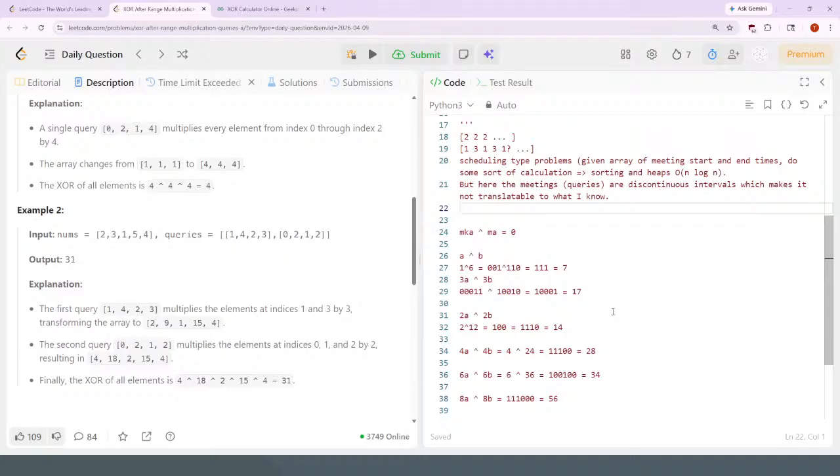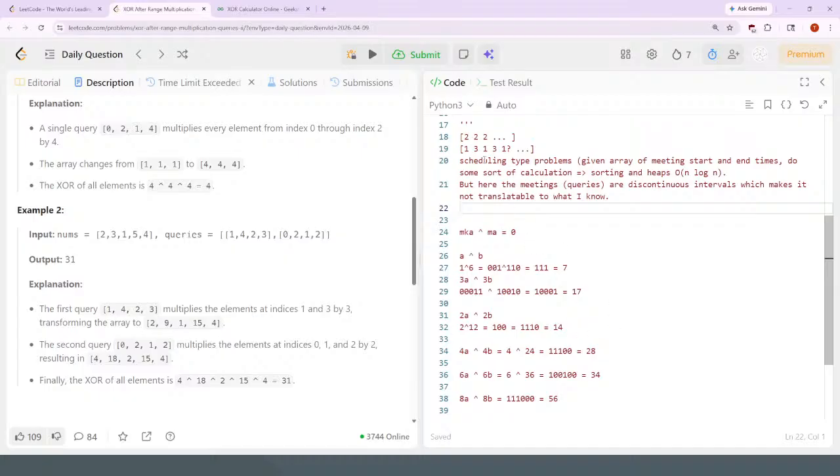I wonder if there's a way for, at any given window, I create a wave function. It's almost like a wave function.